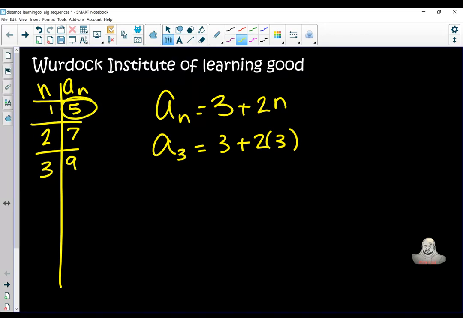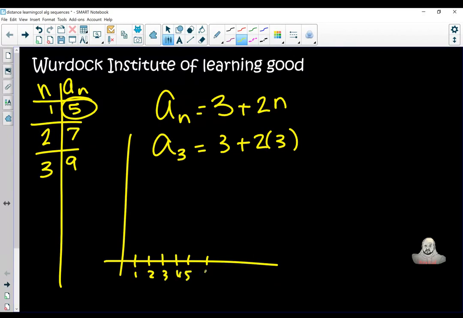You could graph these as such. You put your counting numbers down here, 1, 2, 3, 4, 5. A lot of times you try to pick intervals that kind of make sense to what we're doing here. I'll just go by 5s. 5, 10, 15, etc. Your first term in this instance is 5.